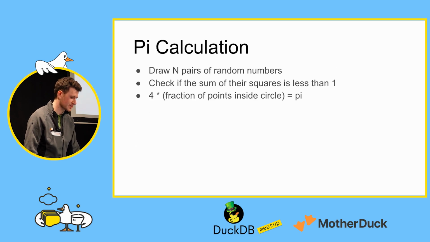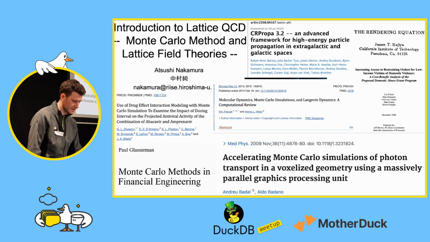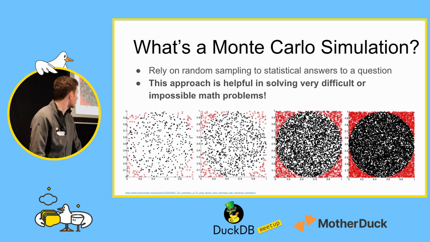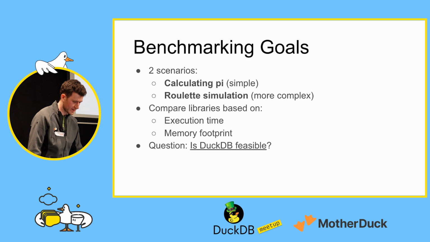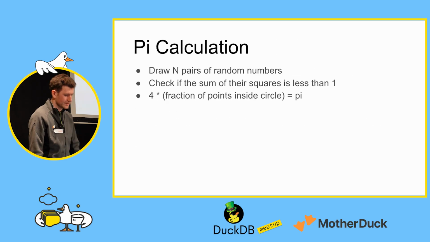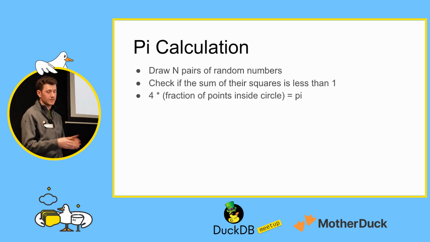Okay, so the pi calculation. We're drawing n points, and we're checking if they're inside the circle. So we draw some set of points between -1 and +1 in our case.